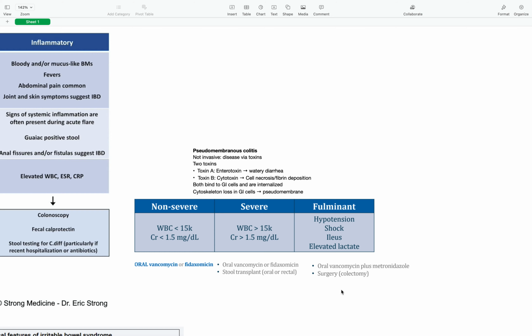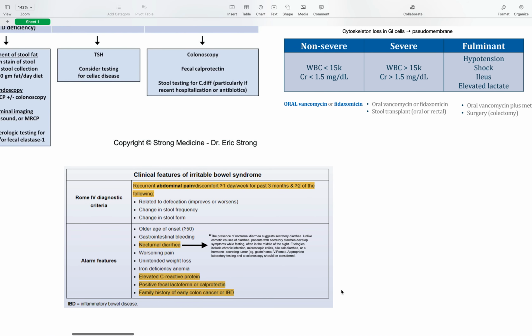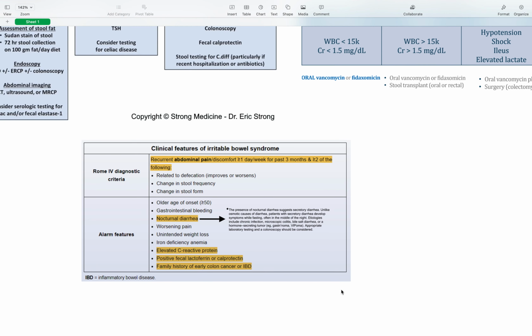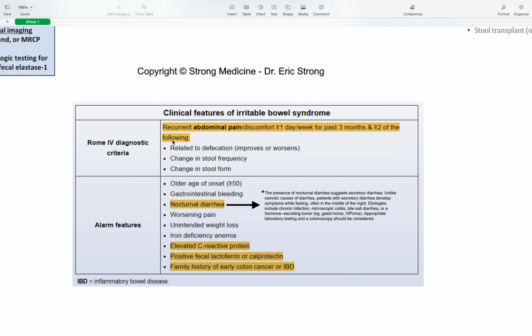So that was about C. diff infection. Now, one thing I want to highlight is irritable bowel syndrome, and it's very commonly tested. Irritable bowel syndrome is diagnosed based on Rome 4 criteria. It's very important to know that. So, what is Rome 4 criteria? It is recurrent abdominal pain or discomfort for at least 1 day per week for the past 3 months.